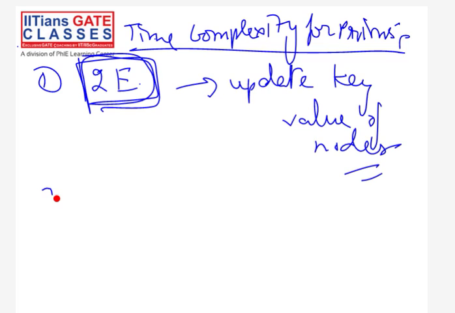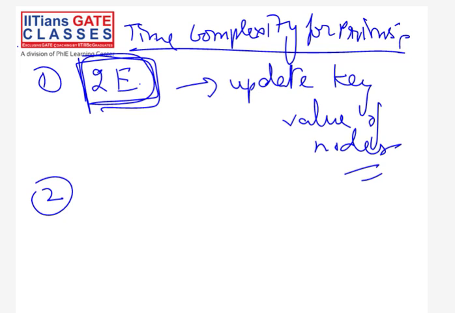And the second task is what? Every time you modify your key values, after that you run a linear search to identify which is the minimum value, because remember, that is not sorted as of now. Why is that not sorted?